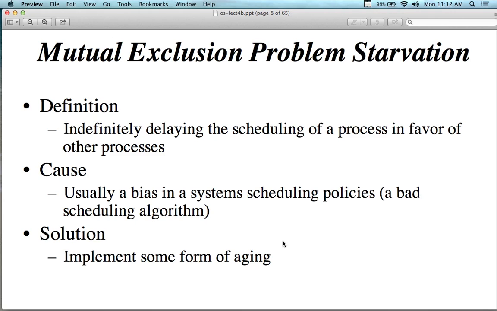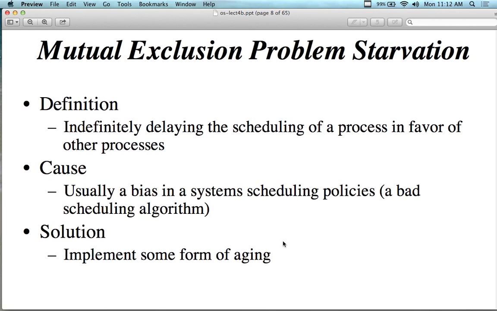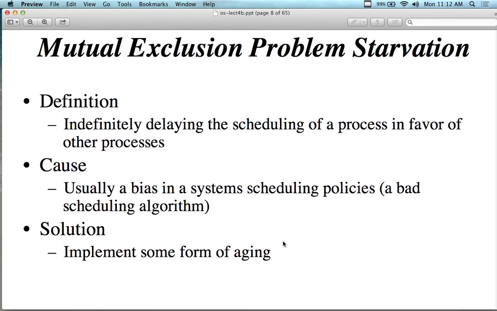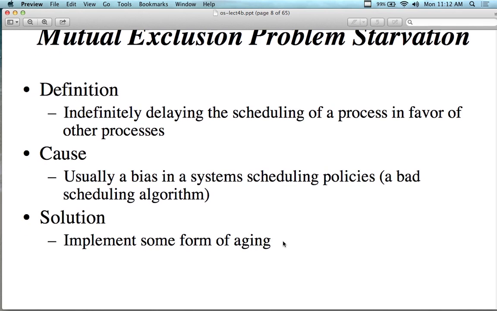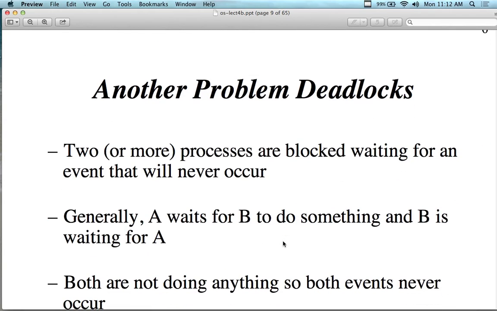It's favoritism. When we look at CPU scheduling, our next topic, you'll see how favoritism is a priority you can build in to make the system run faster, but it causes starvation. So what's good for the system is also bad for the system. The cause of this is a bias in the system scheduling. The solution is to implement some form of aging so we can avoid that.